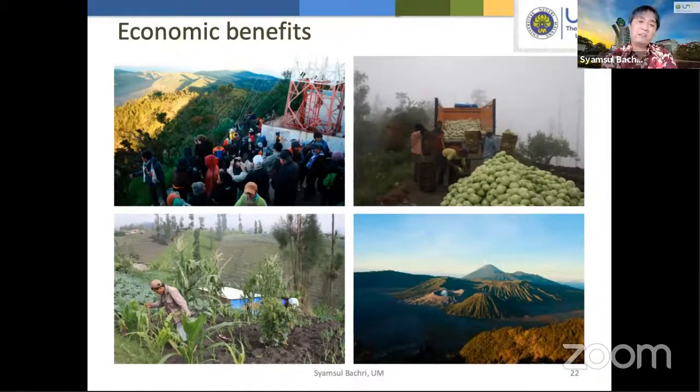But another benefit that Bromo gives to the Tengger people is in my pictures: the agriculture productivity, the beautiful view of the mountains, and a good place for agricultural activity, not only vegetables but also other plants. These are the economic benefits. So this is how I try to share with you the two sides of the tourism destination that has a dangerous threat, but also has another benefit.